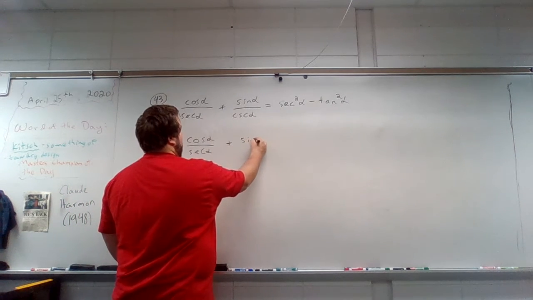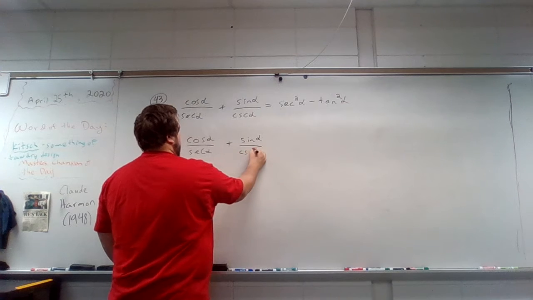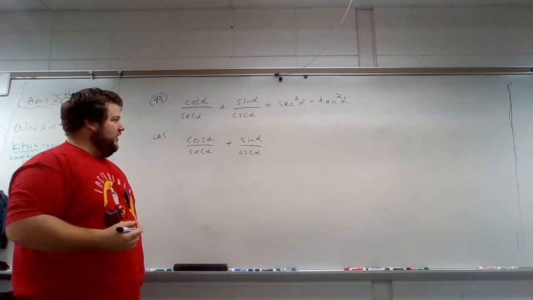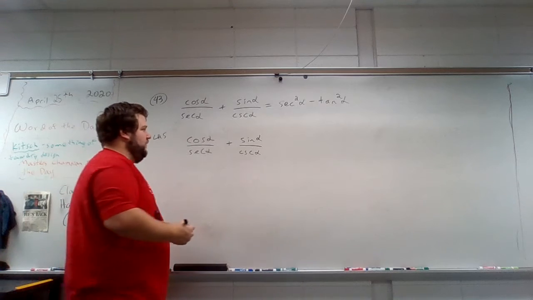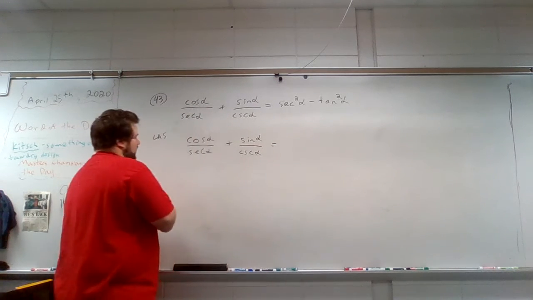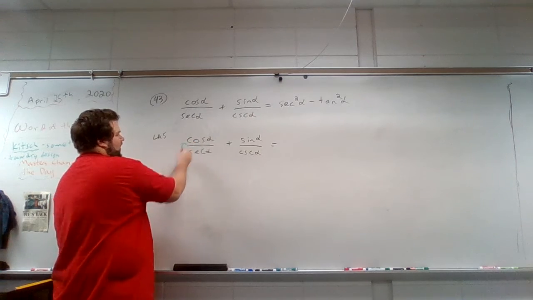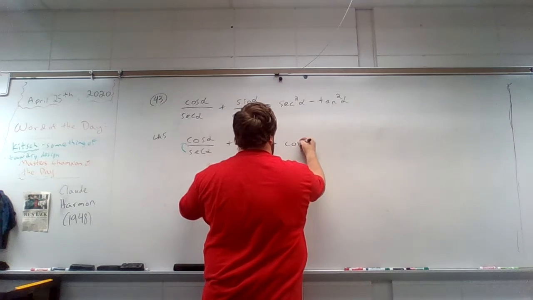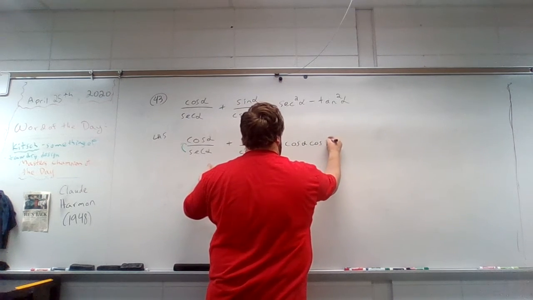Okay, so I've got cosine alpha over secant alpha plus sine alpha over cosecant alpha. If I were to rewrite that, if I were to bump the secant up, that would become a cosine. So I'd have a cosine alpha times cosine alpha.